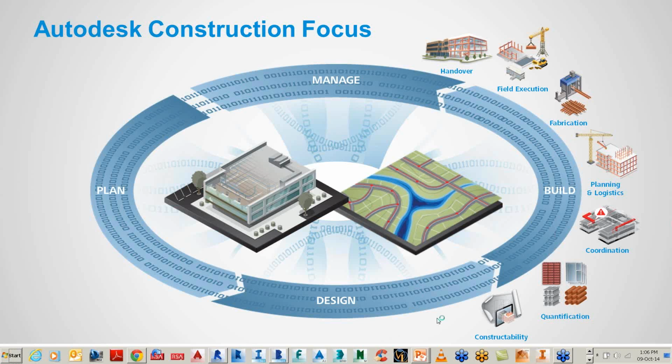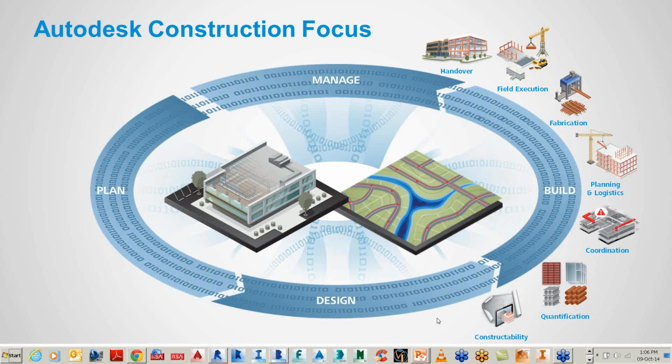We have a couple of new applications in Autodesk now. One is Advanced Steel and MEP fabrication. This is the MEP fabrication CAD-CAM tools, which allow us to leverage Revit data and take it straight out to the CAD-CAM machines. And then finally, we have the field execution.